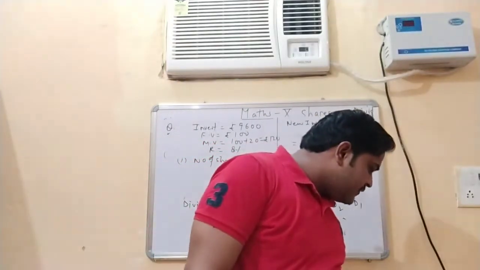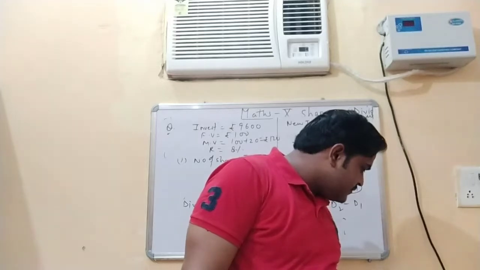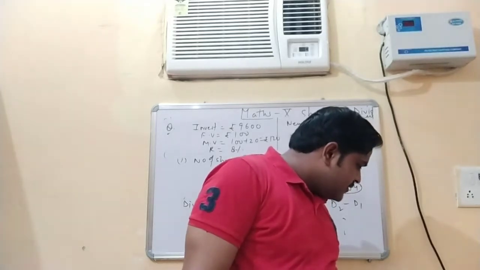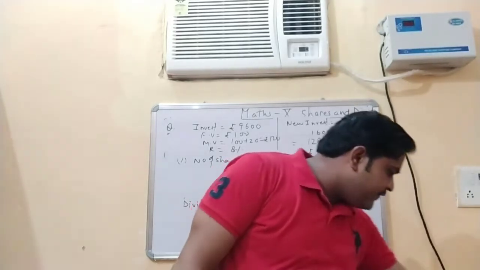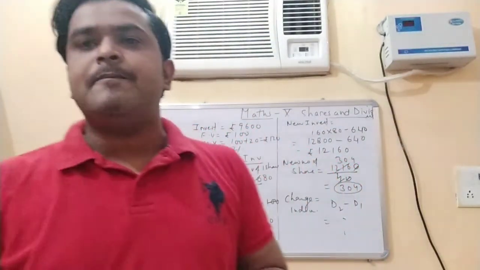One more type of question that students were asking me, which is better investment. Some students have asked me this question, sir, if two investments are given, then how can we find which investment is better?